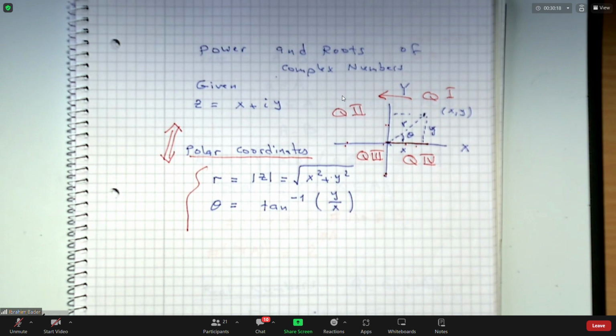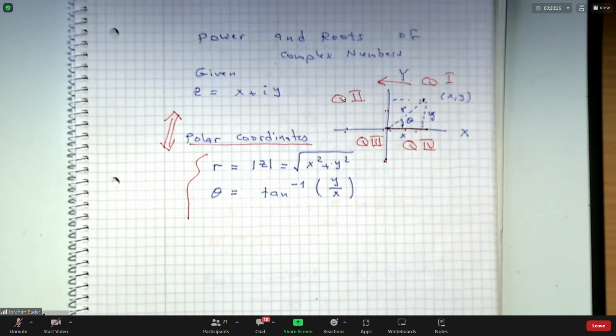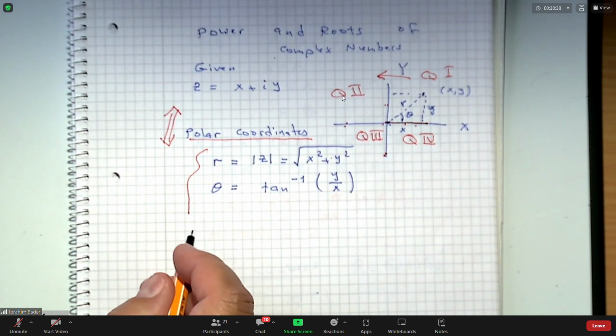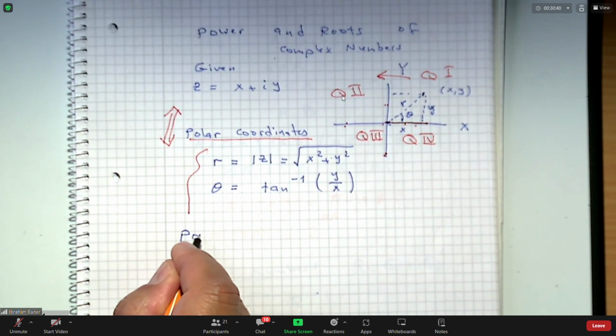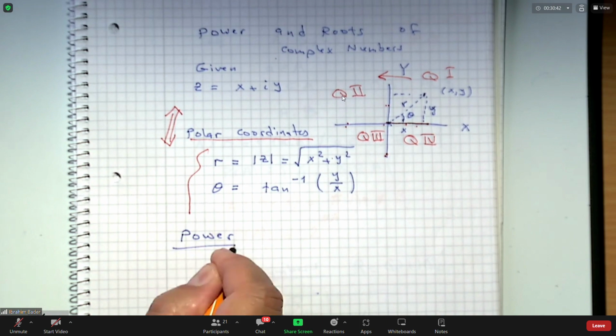If you have polar, how to get the standard, and if you have the standard, how to get the polar coordinates. If you are able to do that, then you will see that many calculations using complex numbers are very, very simple. So the first thing: how to evaluate the power of a complex number.